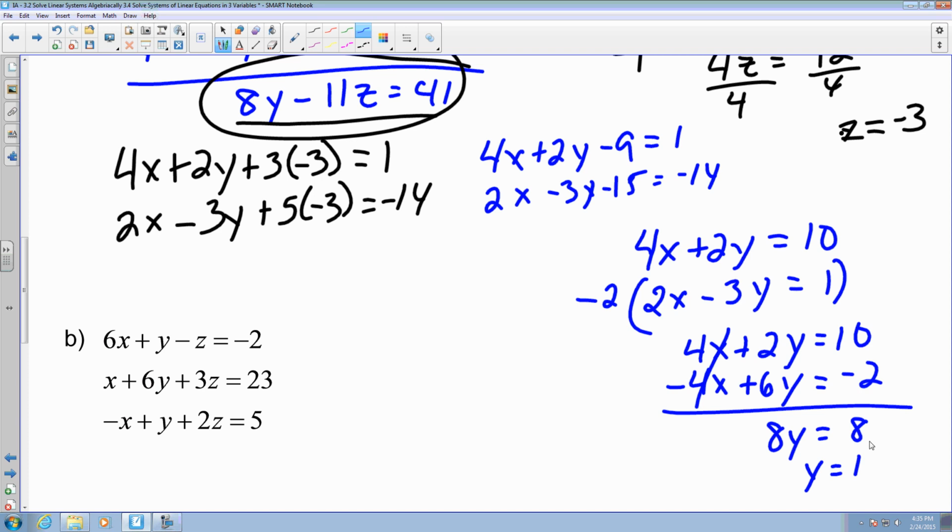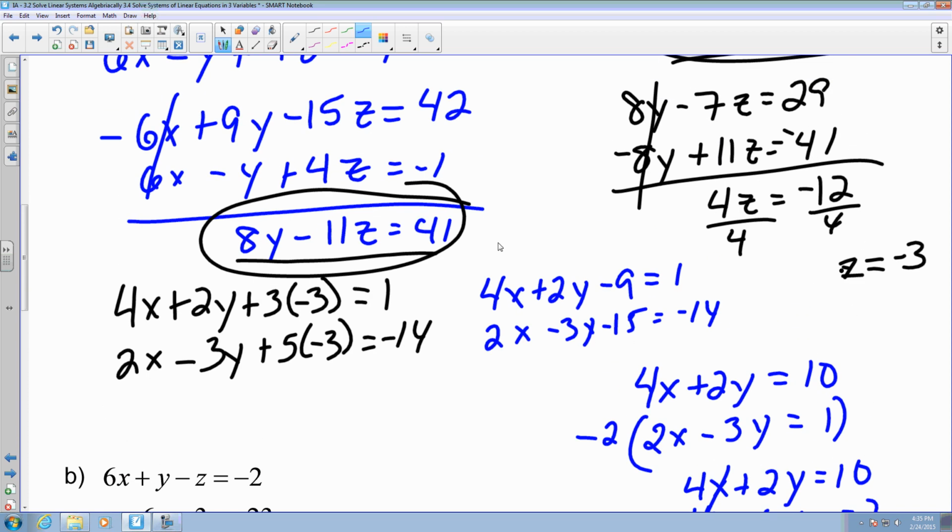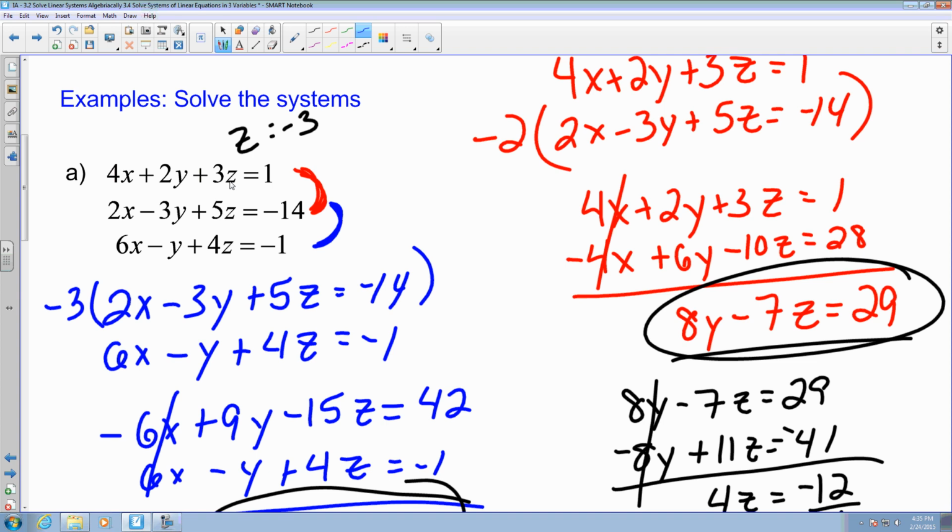So I know that y is 1. I know that z is negative 3. So I can go back to this original equation. And let's see here. I can erase right here. And then I'll say that 4x plus 2 times 1 plus 3 times negative 3 equals 1.